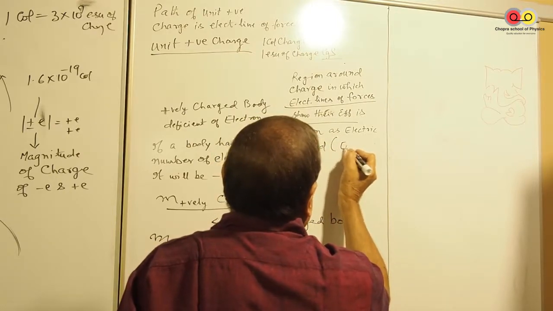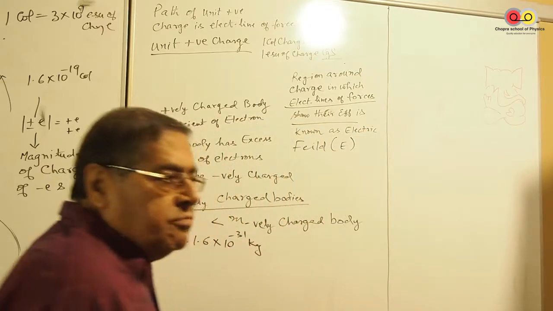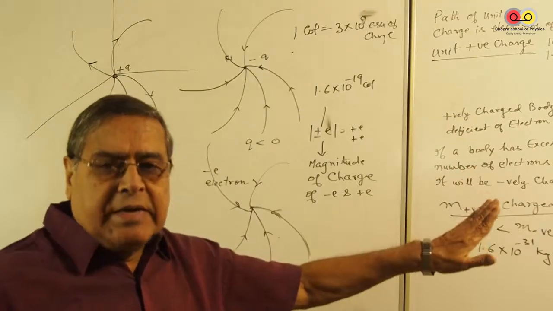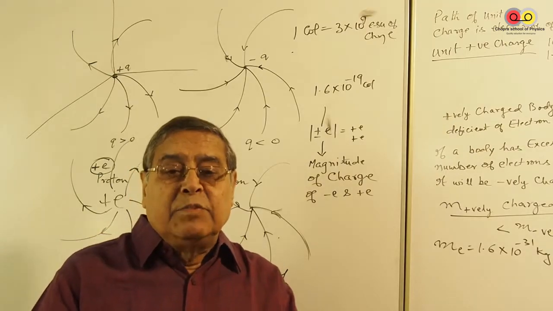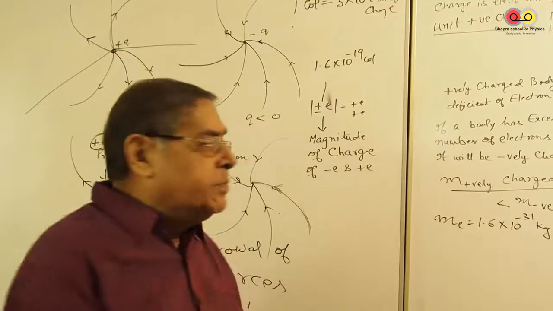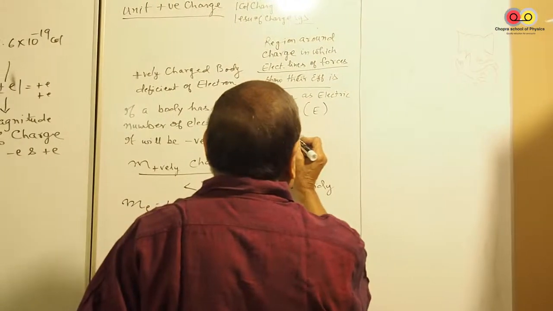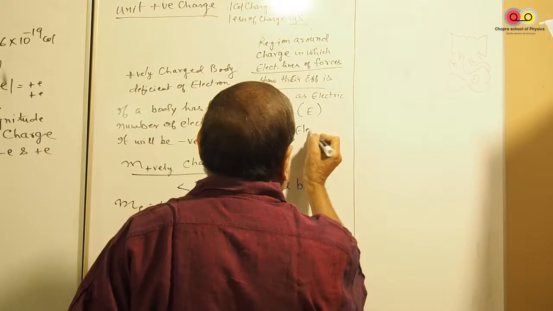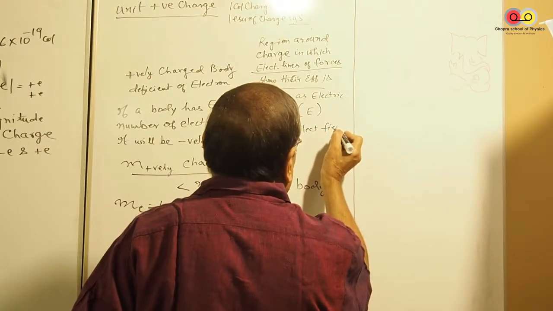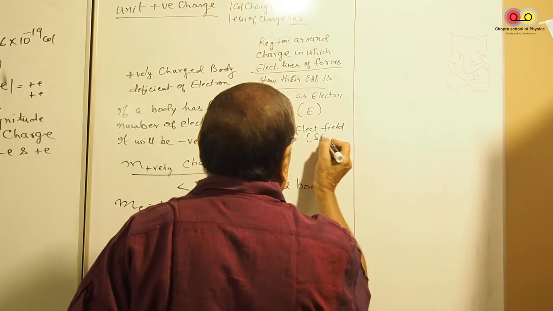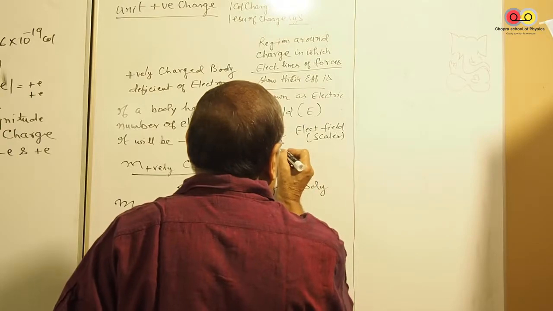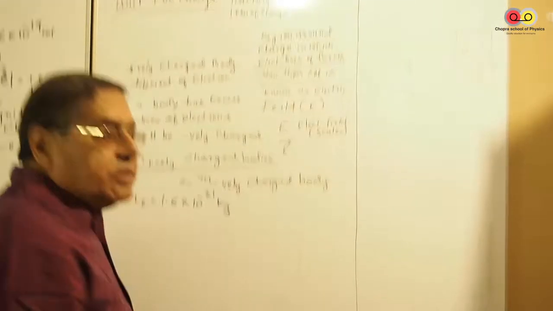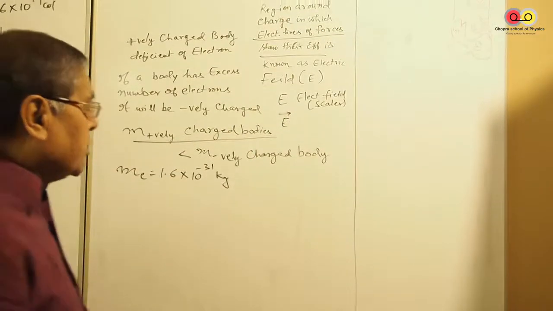That is represented by E. When we speak of electric field, it will be a scalar quantity. Electric field will be scalar, but electric field intensity will be a vector. So the point to remember: E stands for electric field, which is scalar. But when you write an arrow over it, it becomes a vector, the electric field intensity.